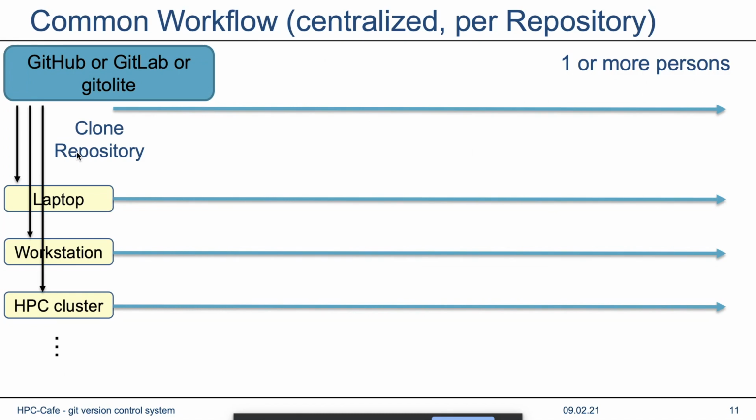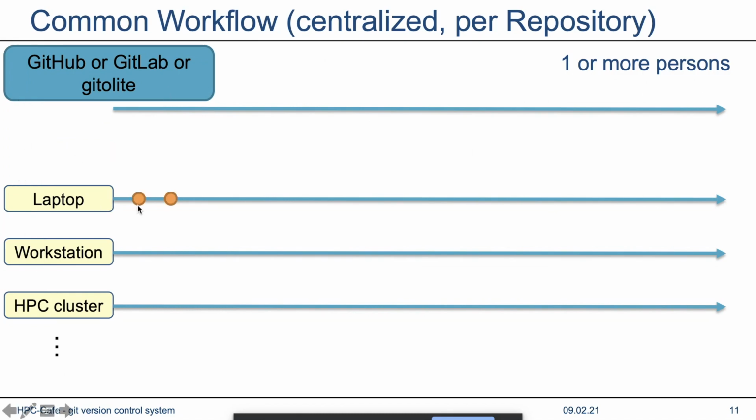You do changes, you add files, and those changes add revisions. Revisions are well-defined states, snapshots in Git speak. Let's say you start working on the laptop and create 2 different revisions. Of course, those 2 revisions are only on your laptop, because all instances of the repository have their own revision timeline.